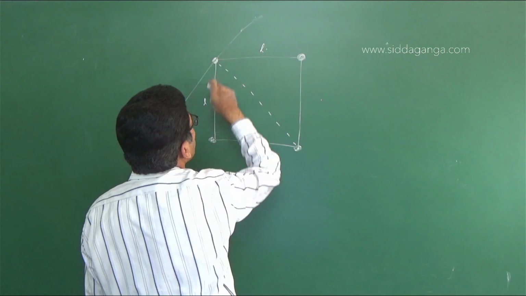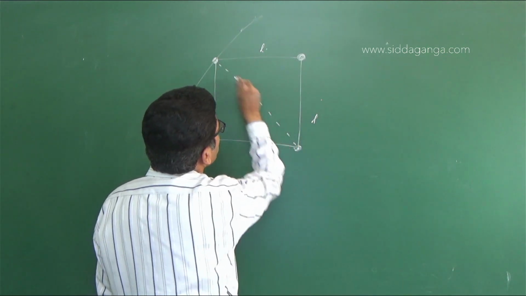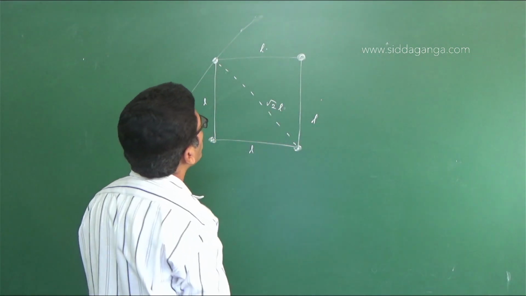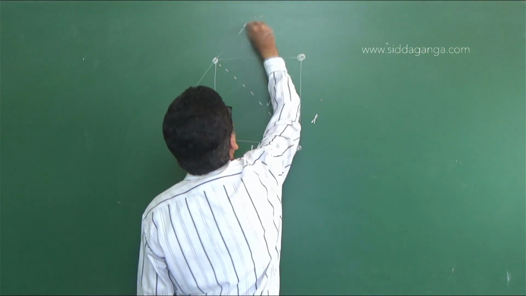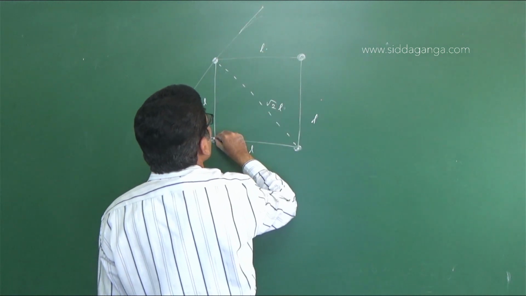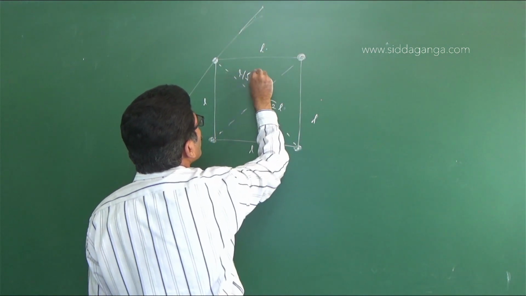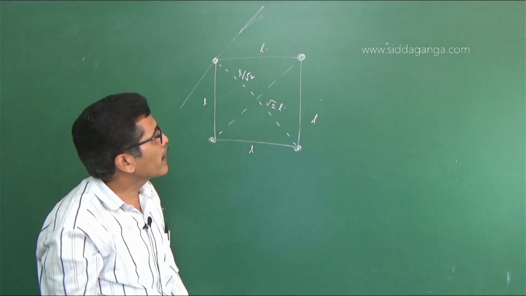If these two are L, what is this? This becomes equal to root 2 times L. Okay. Root 2 times L. And you know that this distance is L by root 2. You just take the Pythagoras theorem, right?